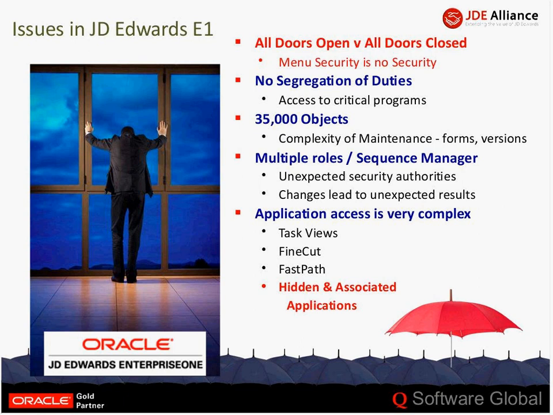As noted in segregation of duties or analysis of critical programs, of objects, the complications of multiple roles and sequence manager, and of course the issues of application access, so menus, fast views, including fine cut, fast path, and those hidden programs.